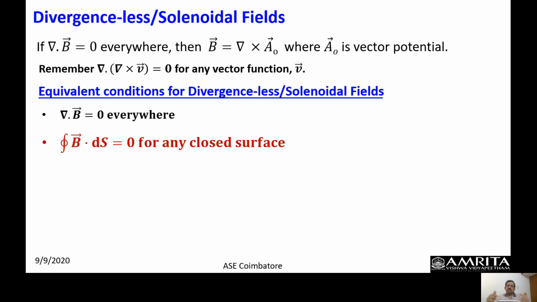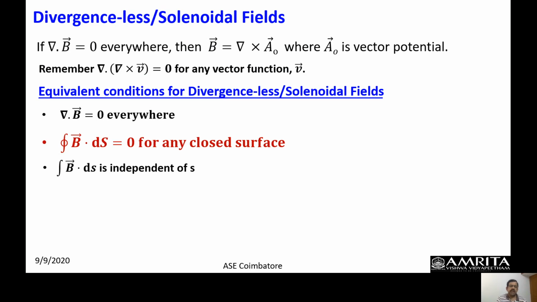Stitching the two theorems together, the surface integral of B dot ds must be independent of the surface, and dependent only on the boundary line. The boundary is a line for a surface. So the flux of B must be independent of the surface.